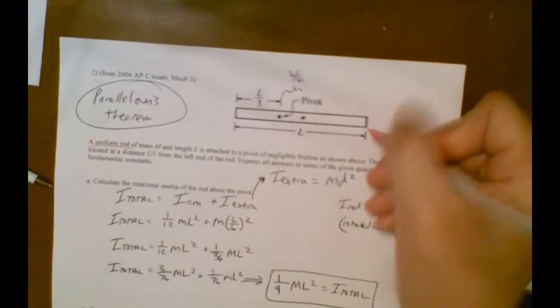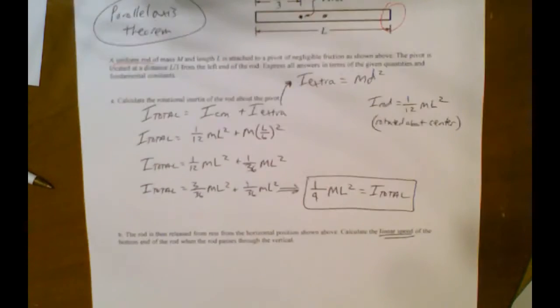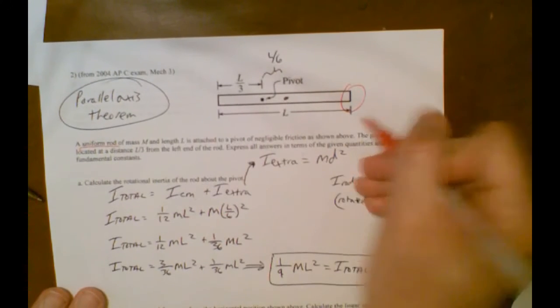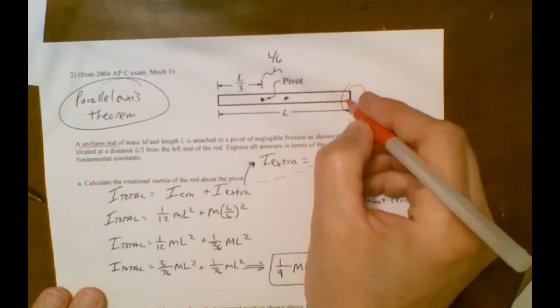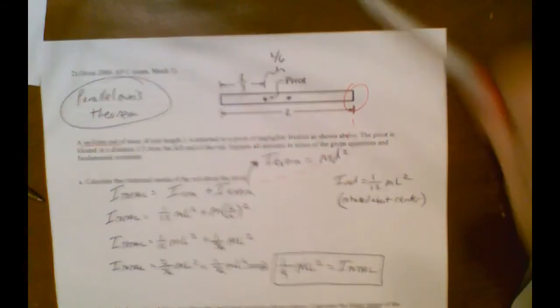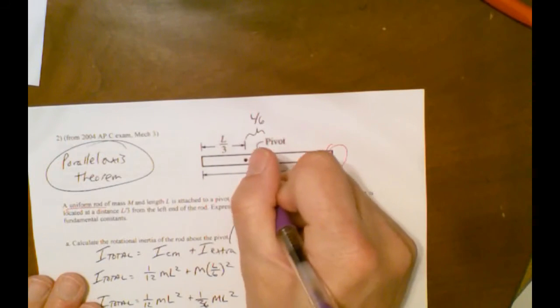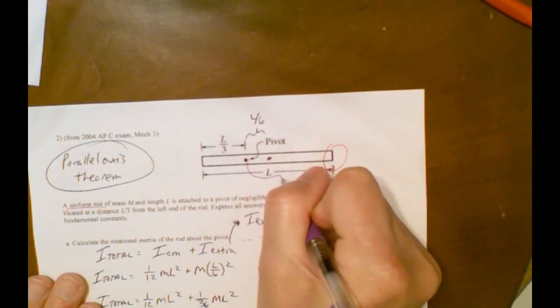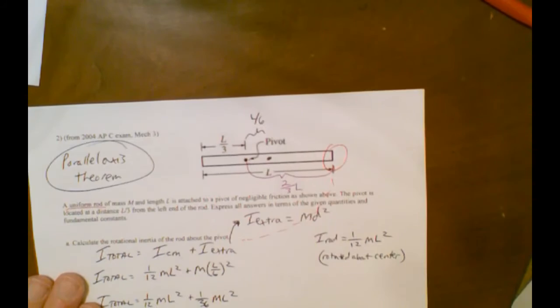So that would be this, when the rod passes through the vertical. So essentially what we've got is we've got this thing coming down here, but it's going to rotate about this. Now this is what's kind of interesting. This distance here is going to be 2/3 L.